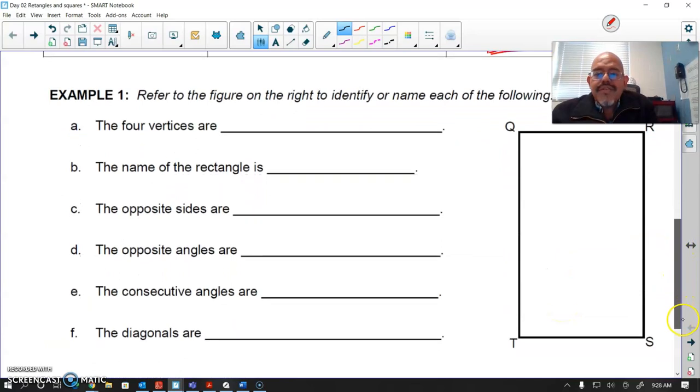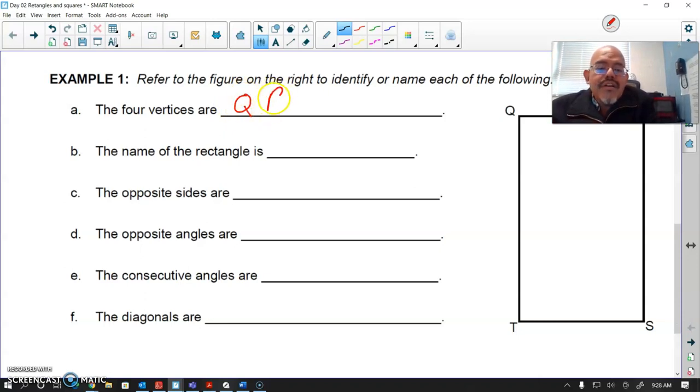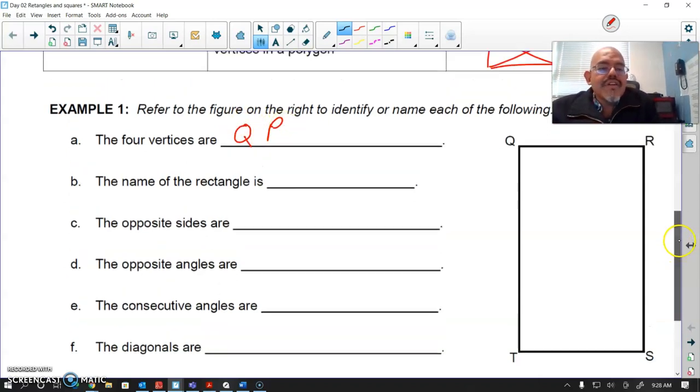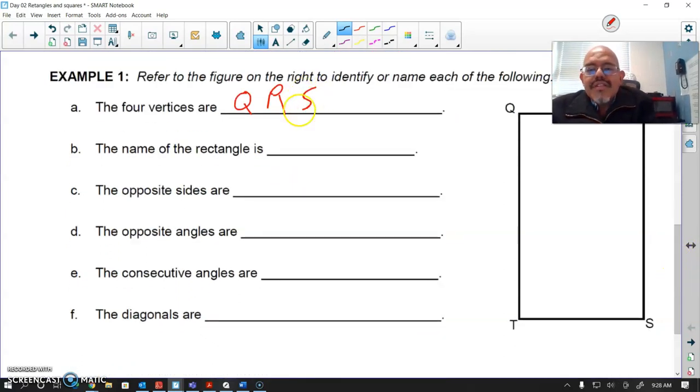Okay, so first, the object right here, the vertices are Q, R, T, S. The name of the rectangle is TSRQ.